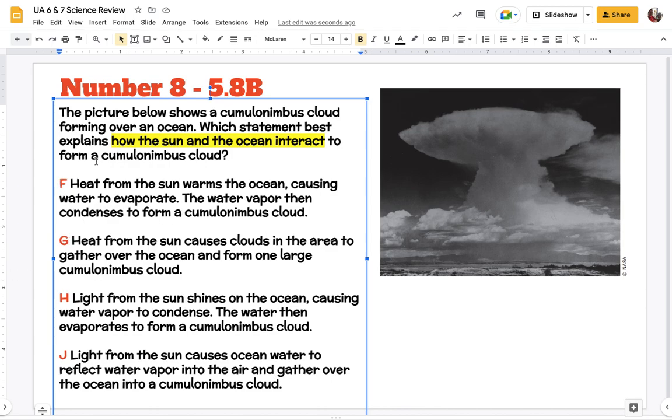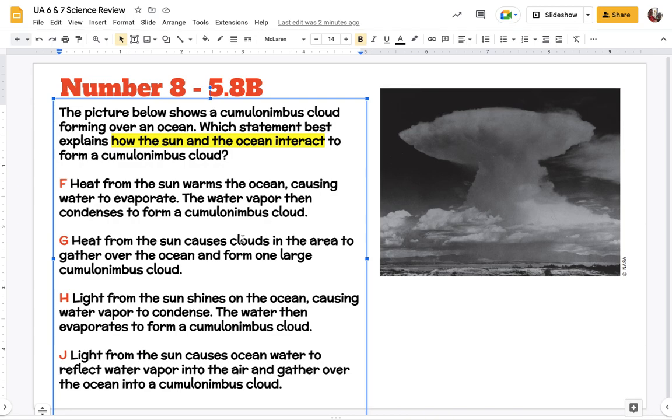So let's go ahead and look at answer choice F. Heat from the sun warms the ocean, so far so good, causing water to evaporate. I like it. The water vapor then condenses to form a cumulonimbus cloud. Water cools, condenses, creates clouds, the 4 C's. So far, F looks like it might be my answer, but I'm going to check G just to be sure.